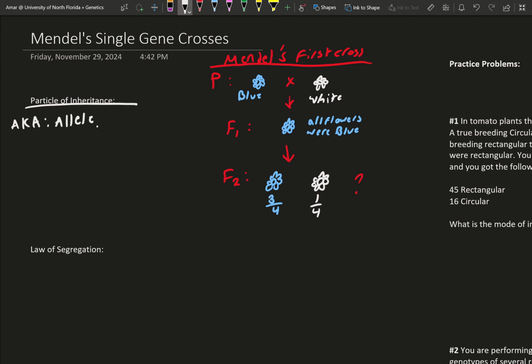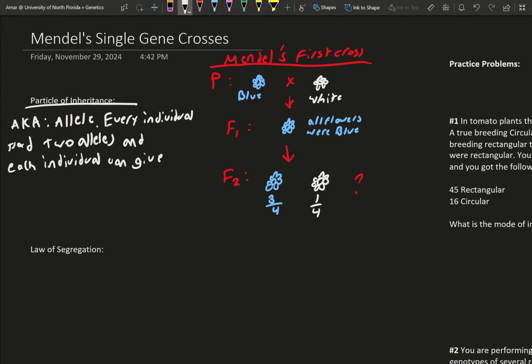He hypothesized that every individual has 2 alleles, and each individual can give either allele to their offspring.